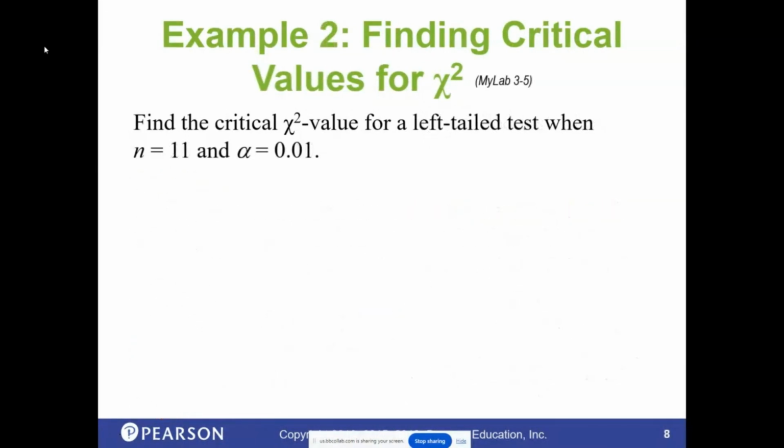Okay, this time we're finding the critical value in the second example for a left-tailed test, and n is 11 and alpha is 0.01. So we said if it's a left-tailed test, then we need to do 1 minus alpha. So that means I'm going to look up 0.99 in the table. And then if n is 11, what's the DF for this one? 10.